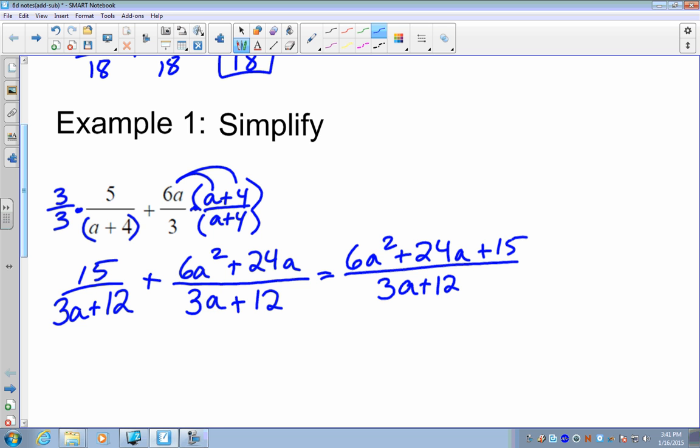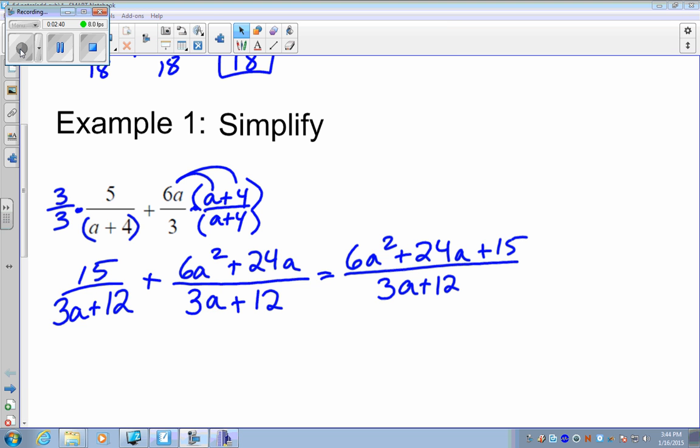Now sometimes you actually have to look at, can you simplify? So we look to see if we can simplify this new fraction. So we look at the numerator. Is there anything we can do, can we factor it? And I can see between 6, 24, and 15, I can factor out a 3.